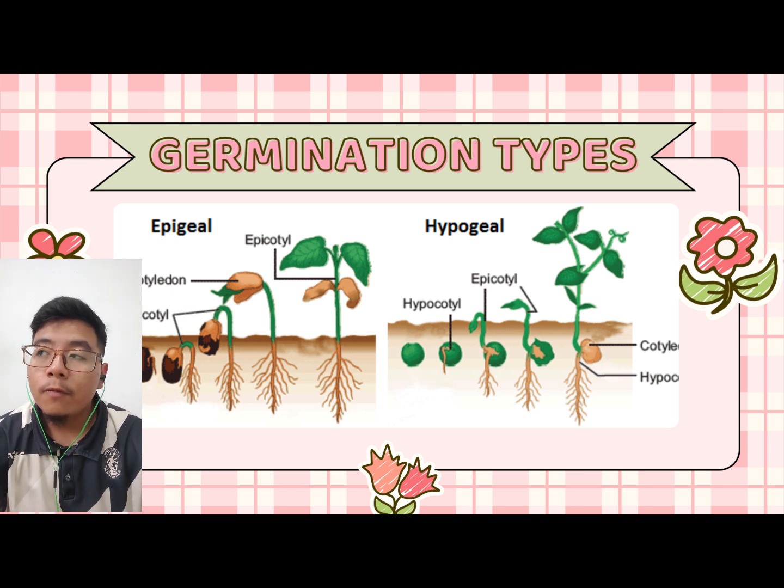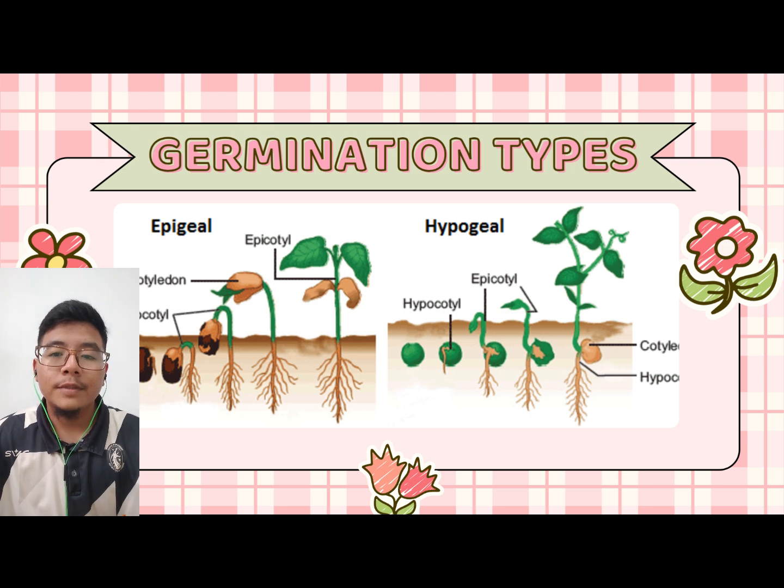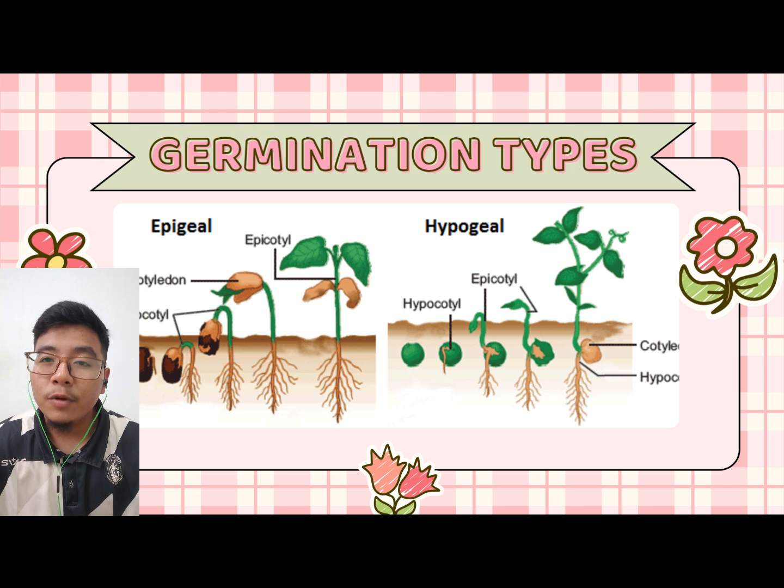Plants that germinate in this way include beans, sunflower, castor, cotton, tomato, and pumpkin. So what is hypogeal germination? Hypogeal germination is a type of germination that occurs below ground where the cotyledons remain below the soil.